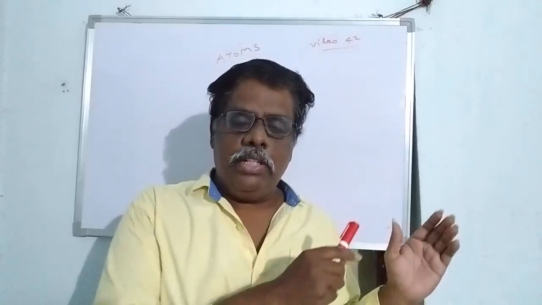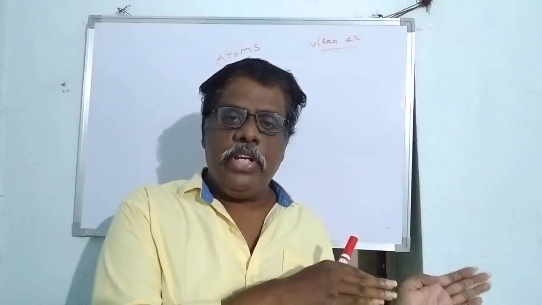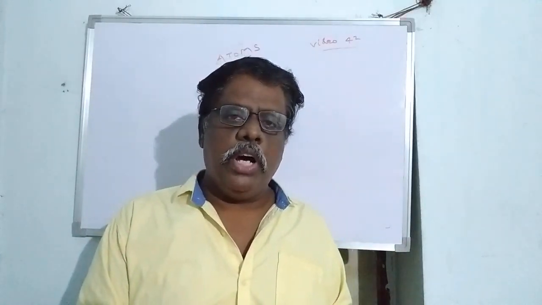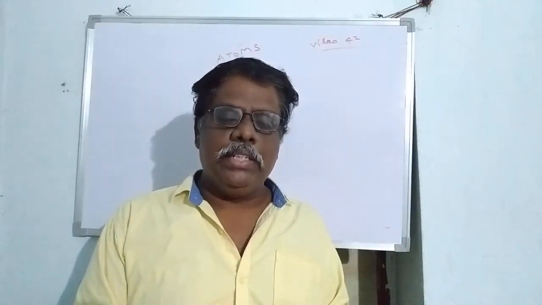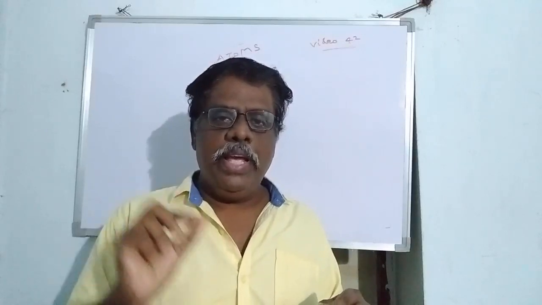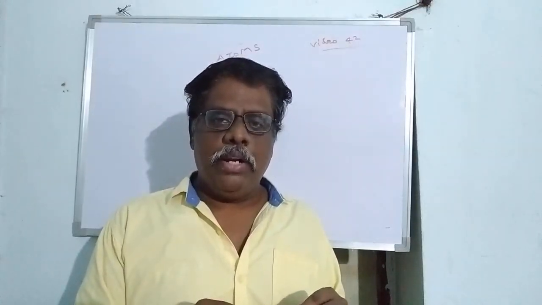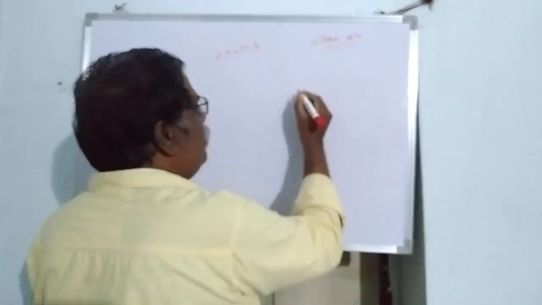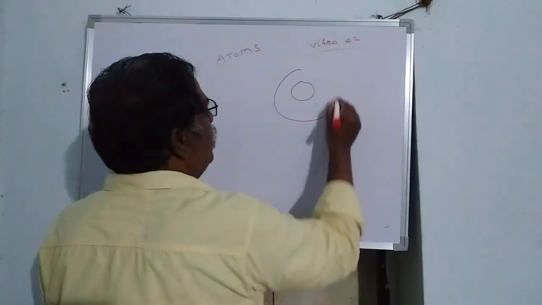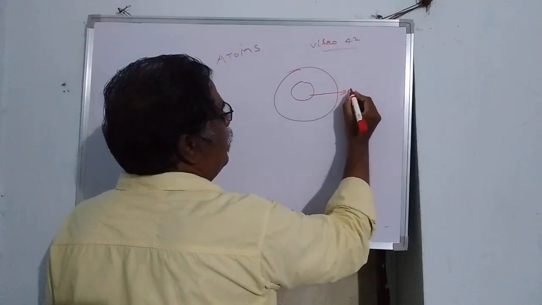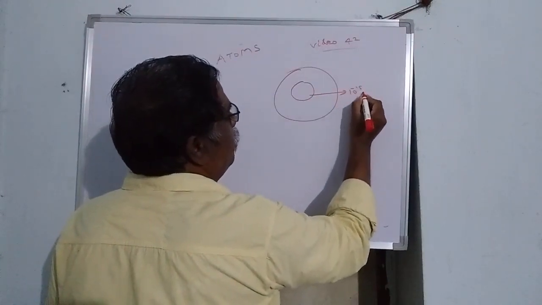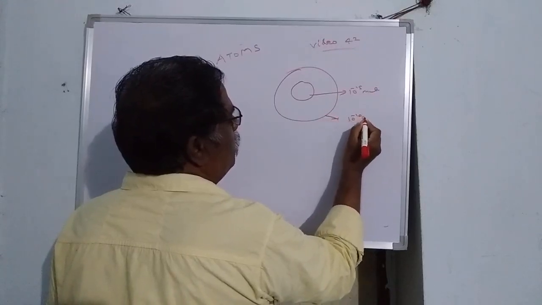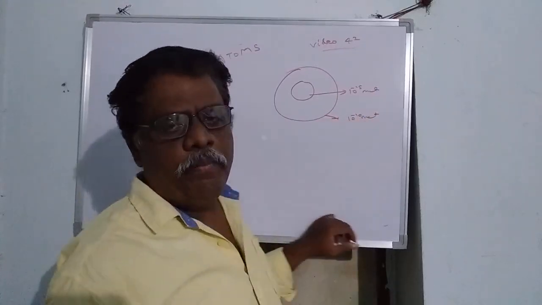The revolving electrons have negative charge, balancing the positive charge of the nucleus. The whole positive charge and mass are concentrated in a small sphere at the center of the atom, called the nucleus. The size of the nucleus and size of the atom were estimated by the alpha scattering method. The nucleus is 10 to the power of minus 15 meter, and the size of the atom is 10 to the power of minus 10 meter.